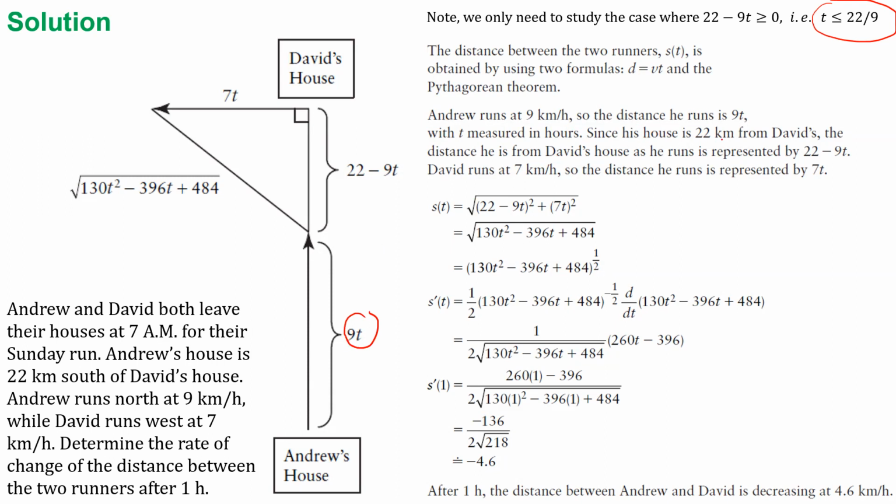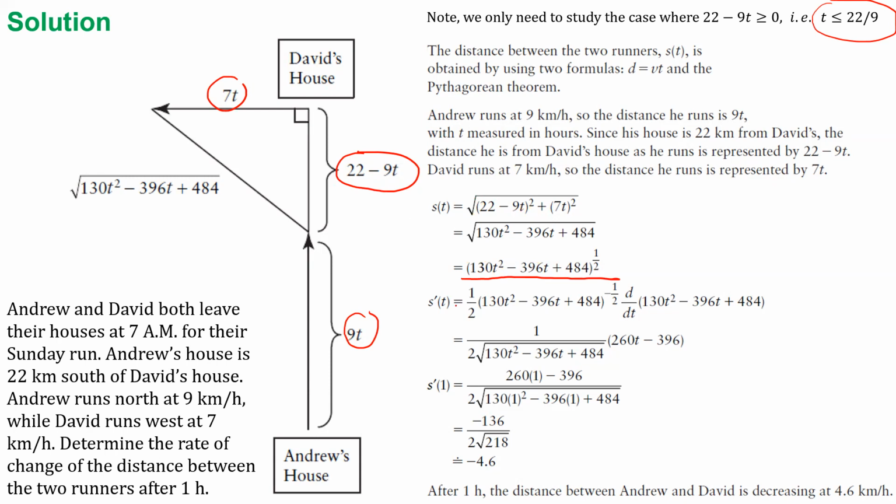Since his house is 22 kilometers from David's, the distance he is from David's house as he runs is represented by 22 minus 9t, which is this side, right? David runs at 7 kilometers per hour, so the distance he runs is represented by 7t here. Then we know S(t), the distance between the two runners, according to the Pythagorean theorem, is the square root of (22 minus 9t) squared plus (7t) squared, which can be simplified to this expression here.